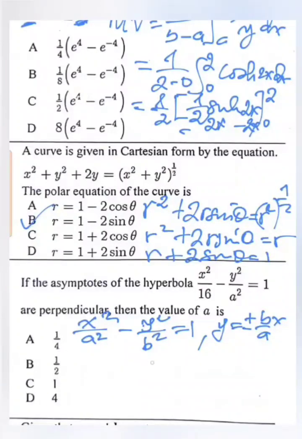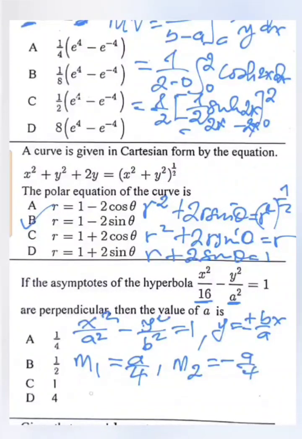In order to find the value of a for which the asymptotes are perpendicular, I will need first the gradients of the asymptotes. The first gradient m1 corresponds to positive b over a, and b is the square root of a squared there, which is a, while a is the square root of 16, which is 4. So a over 4 is the first gradient.